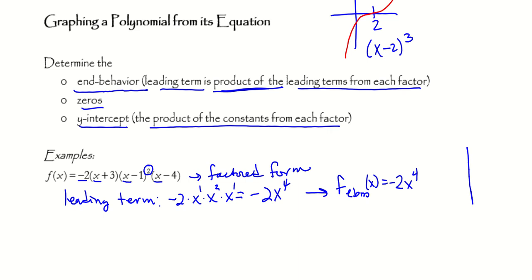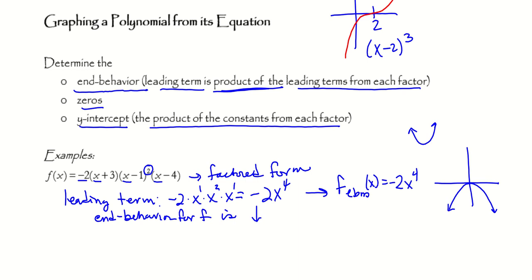Think about the graph of that. You've got y equals x to the fourth, which will look like a parabola, but the negative 2 flips it. So my end behavior model graph will look like this, which tells me that the end behavior for f is down, down, negative infinity on both ends, right?